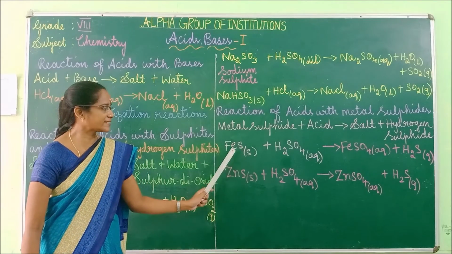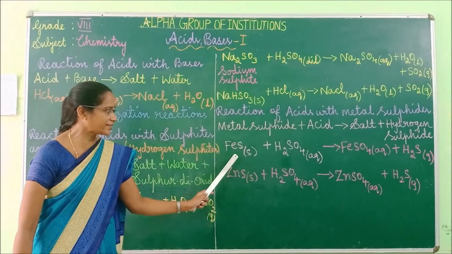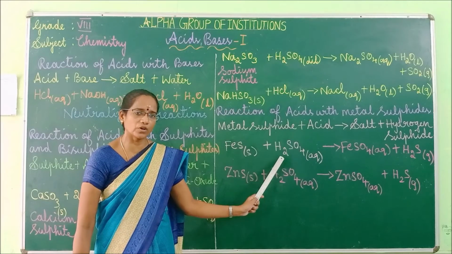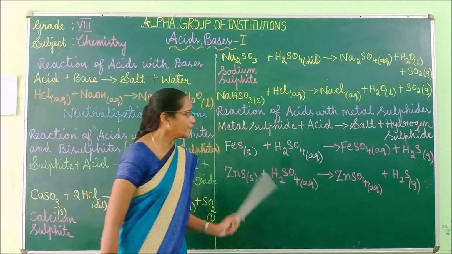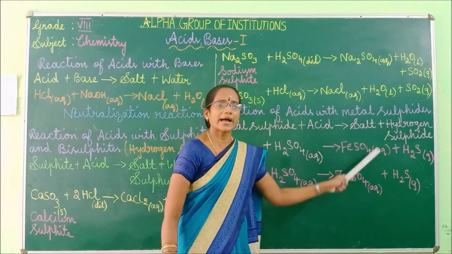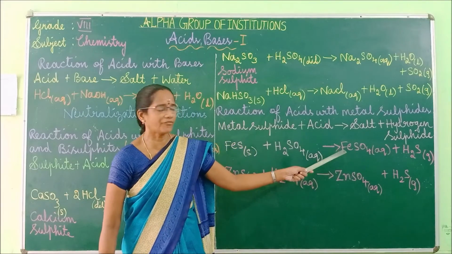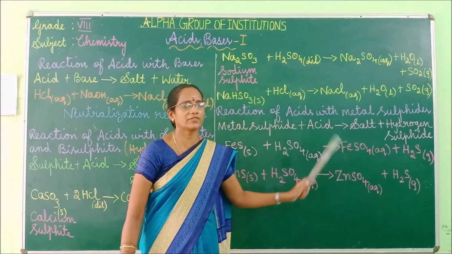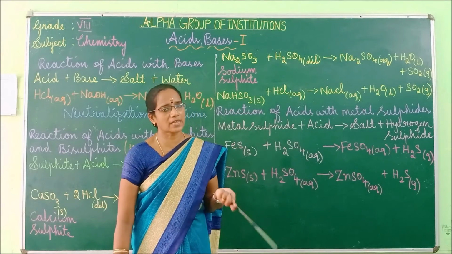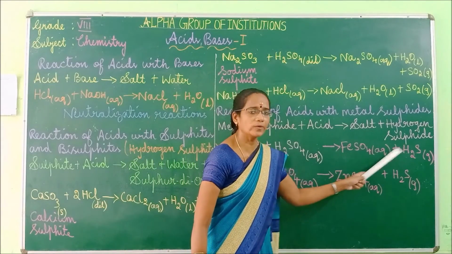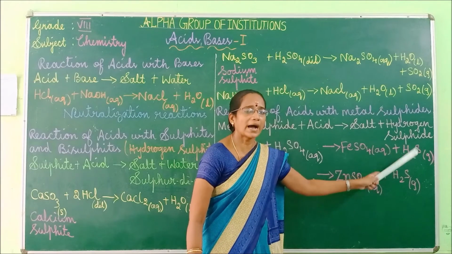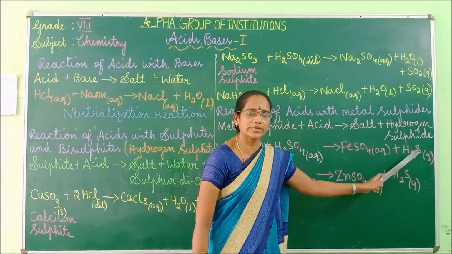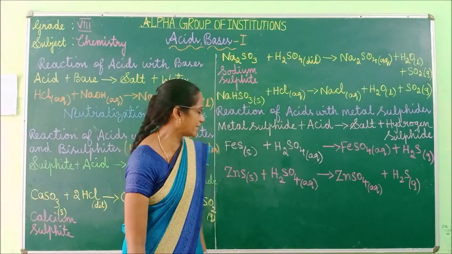When it reacts with sulfuric acid, H2SO4, both react to produce iron sulfate or ferrous sulfate. FeSO4 is iron sulfate, or otherwise you can say ferrous sulfate. Along with that, which gas is formed here? Hydrogen sulfide gas is formed. That is H2S, hydrogen sulfide gas.